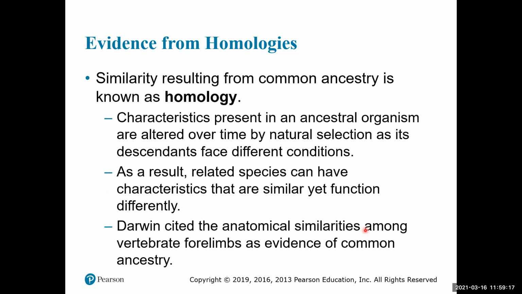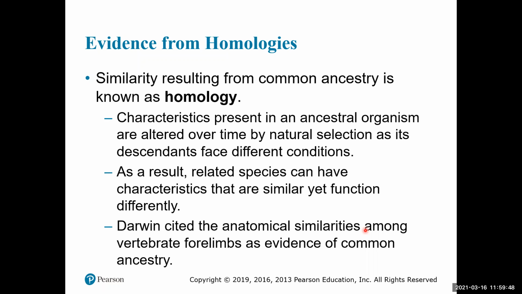So another form of evidence, aside from fossils, that we can use to understand evolution is the presence of homologies. And homologies are features that occur in organisms that arise from common ancestry. Basically, let's say you have a characteristic that's present in an ancestral organism.